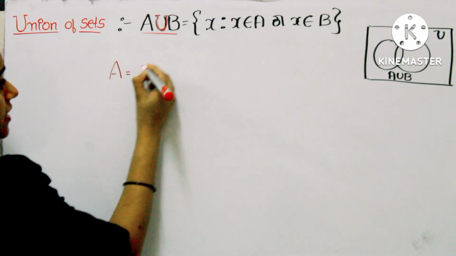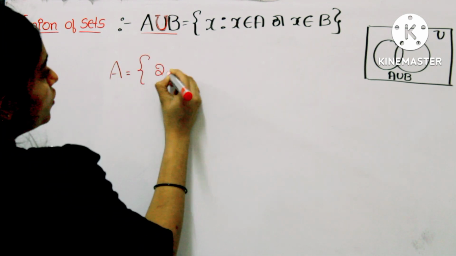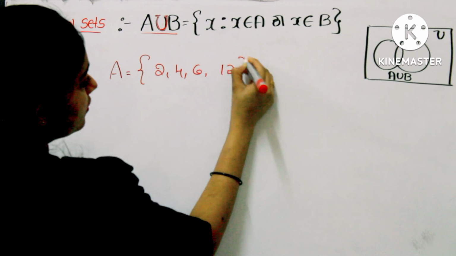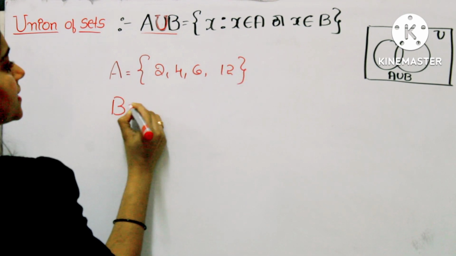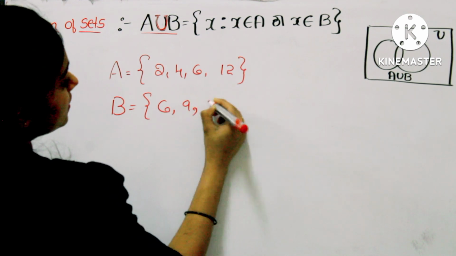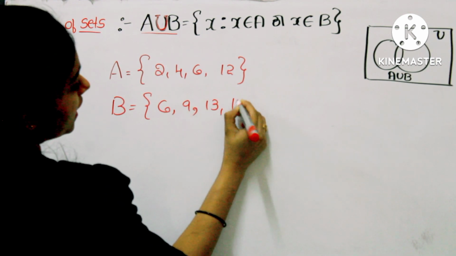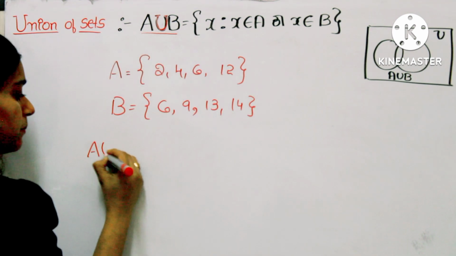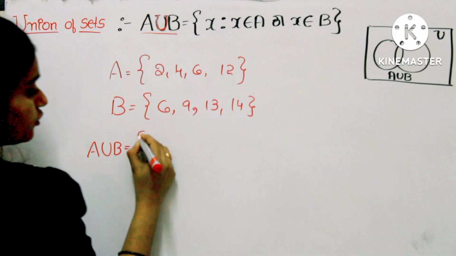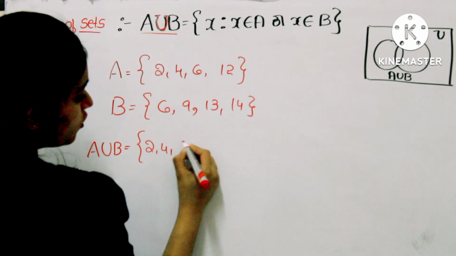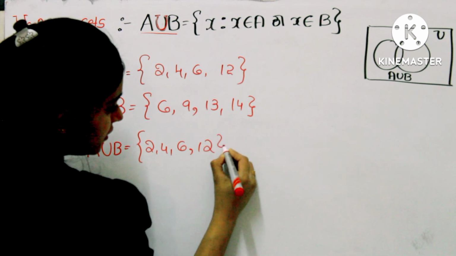If A is equal to {2, 4, 6, 12} and B is equal to {6, 9, 13, 14}, then A union B is equal to, see, first write A. So what is A? 2, 4, 6, 12.